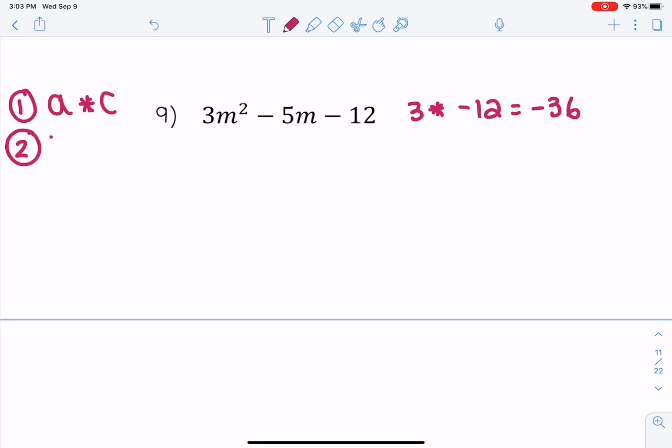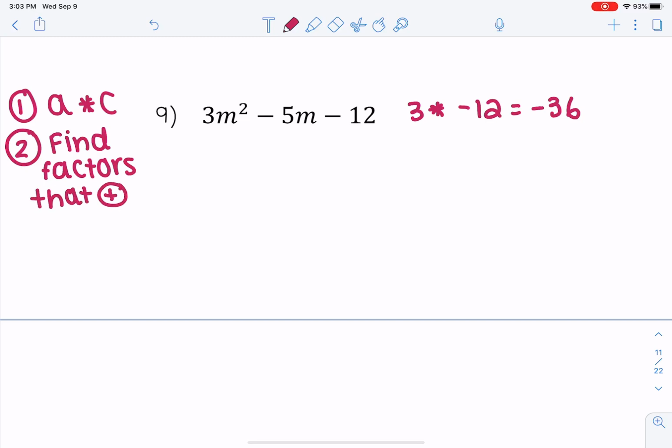And now find factors of this that add to b. So what times what gives me b? Oh, well, 9 times negative 4 adds to b and gives me negative 36.